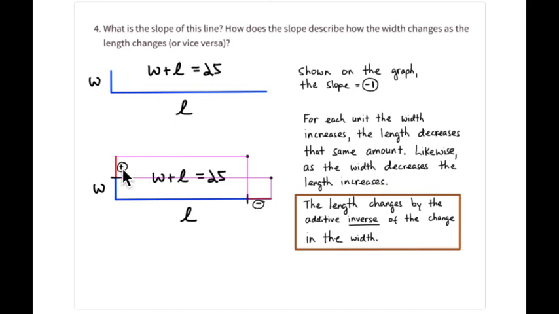By definition, that's a slope of -1. The change along the y-axis is equal but opposite to the change along the x-axis. So length changes by the additive inverse of the change in the width. They're called additive inverses of each other: equal amounts but opposite signs. Additive inverses, by the way, if you add them together, they equal 0.